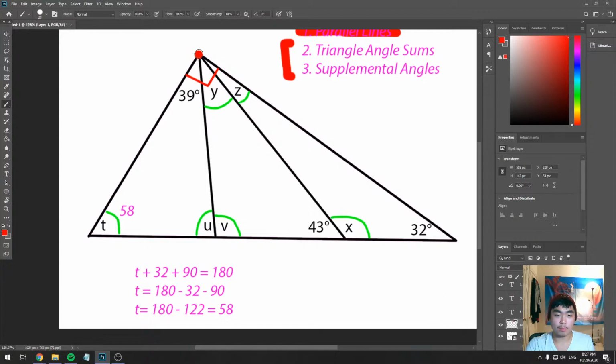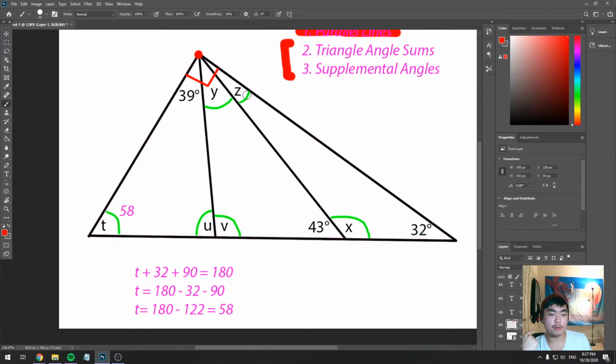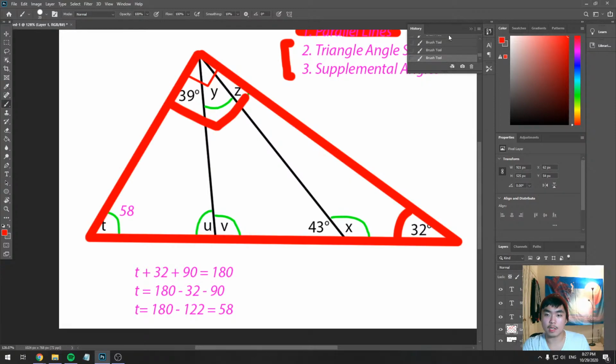So, back to our problem. We have figured out angle T. It is 58 degrees. We used our big triangle to get our two known angles here, and we solved for the missing one, which is 58. So what do I do now? Well, I can use the information I just got to solve for my next angle.